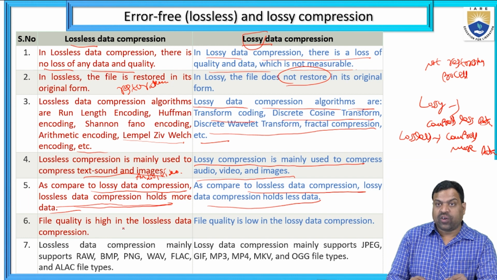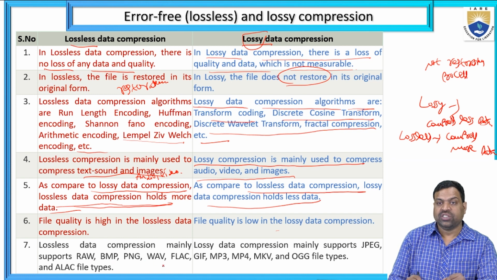So the file quality is high in lossless data compression. The file quality is low in lossy data compression. When we are going for lossless data compression, it mainly supports raw data, BMP, PNG, WAV, FLAC, and ALAC files. These are the lossless.